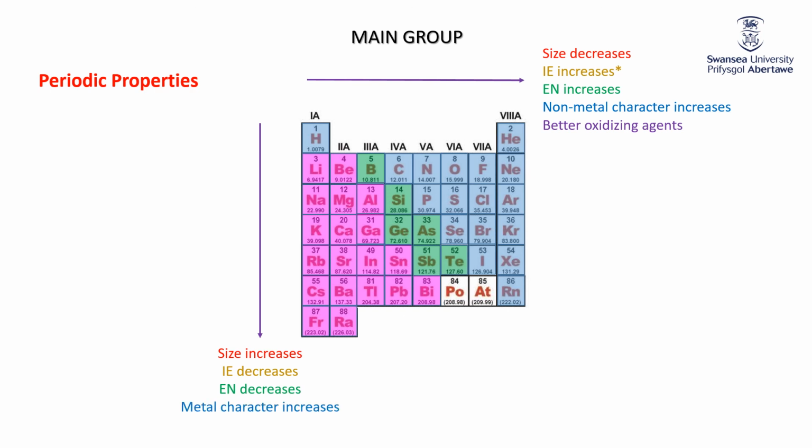The metal character increases, so therefore the most metallic stable element is expected to be cesium, and as you go in this way they become better reducing agents. In other words, they want to be oxidized, they want to lose electrons. Okay, you've been talking about these starting a little bit in GCSE and A level and in previous modules here, so I expect you to be fully au fait and knowledgeable of those trends.